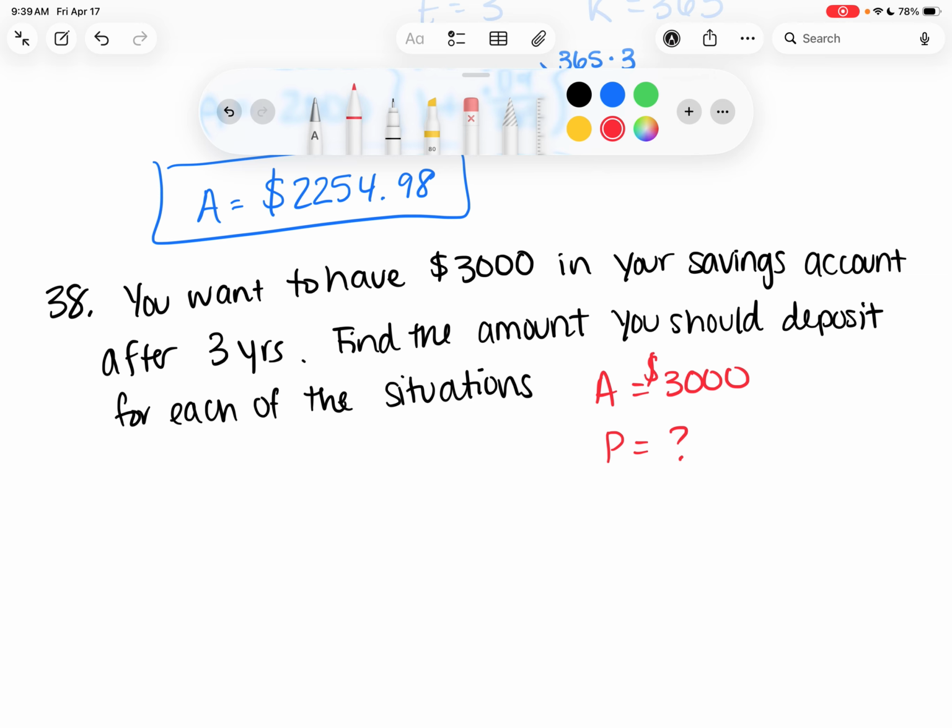If we wanted to see how many years it would take, we can't do that until later in the chapter. T is equal to 3, and then the R and the K values are going to change based on the scenarios they're about to give us.